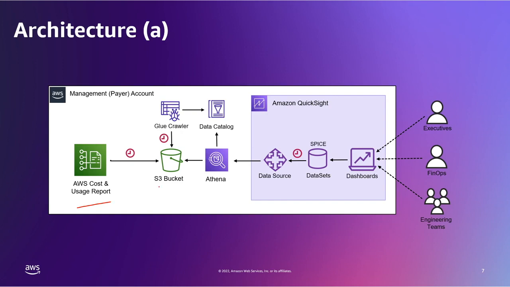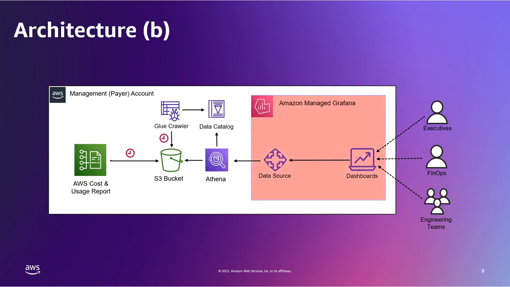You could do an hourly one too. There are a couple of ways to do that. Then you would use a Glue crawler and so on and so forth. Then you can use Amazon QuickSight to build dashboards on top of your cost and usage report. Again, all of this is serverless and you're not paying a lot of money to build all of this. And then you can have your personas access those dashboards, with fine-grained access control on who accesses what.